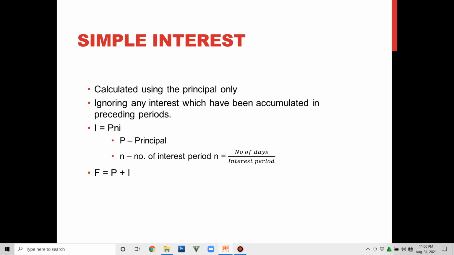So if there will be an interest, of course, the future worth will be the sum of the principal plus the interest. So meaning the principal bore interest. So where did the computation come from? The principal itself.